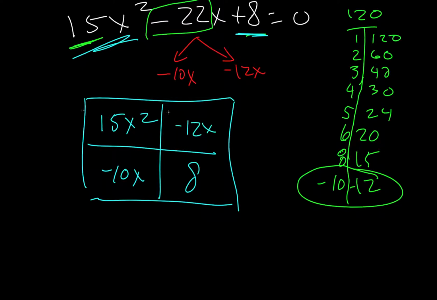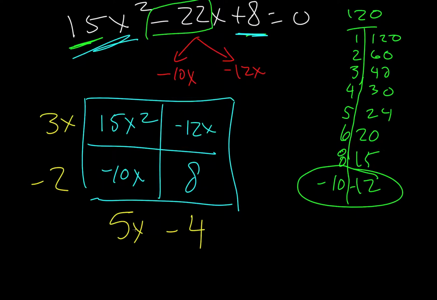Now we want to factor out what we can. These have 3x in common. These have 2 in common. These have 5x in common. And then these have 4 in common. Now since we have a diagonal of negatives, we're actually going to tack negatives on there, but then just as a safeguard, we're going to multiply and see if we get the same sign.